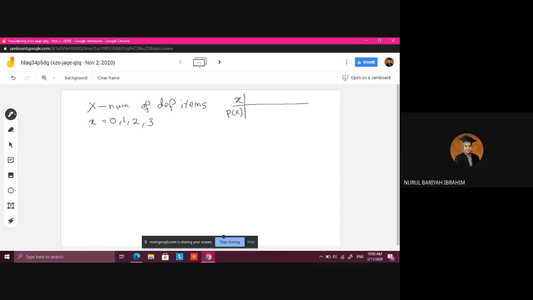Okay, so now we have determined the possible outcome for X. It will be 0, 1, 2, or 3. So now kita nak cari ni, nak fill in the blank here. What is the probability when X is 0? What is the probability when X is 1? What is the probability when X is 2? What is the probability when X is 3? So what is X is 0? Means that 0 number of defective items.